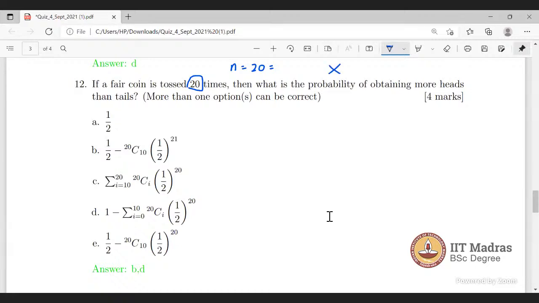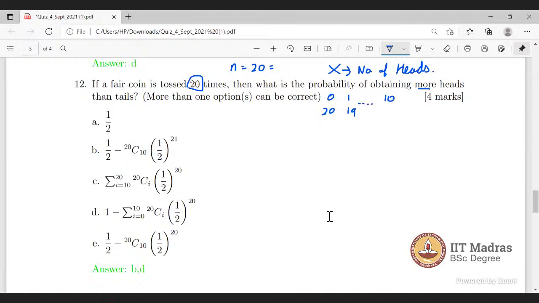Let random variable x be the number of heads. The condition is I should obtain more heads than tails, right? If I obtain 0 heads, it means I got 20 tails, so my condition is not satisfied. Similarly, if I got 1 head, I will have 19 tails, again this condition is not satisfied.